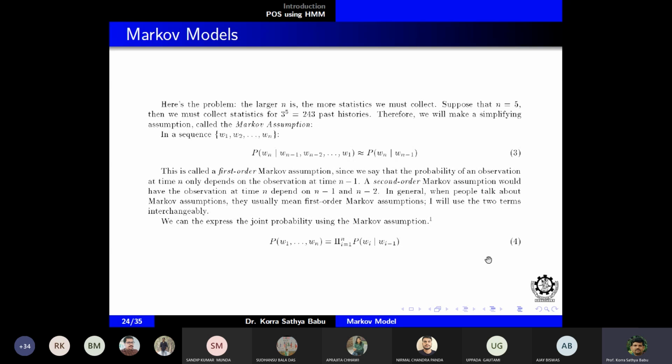So here we can express the joint probability using the Markov assumption like this, equation 4. I hope it is visible to you all. Probability of W1, W2, W3, like that up to Wn can be given as the product over i equal to 1 to n of probability of Wi given Wi minus 1.